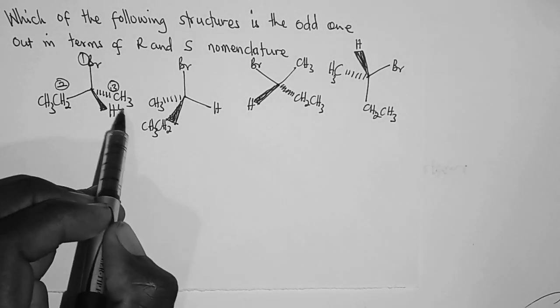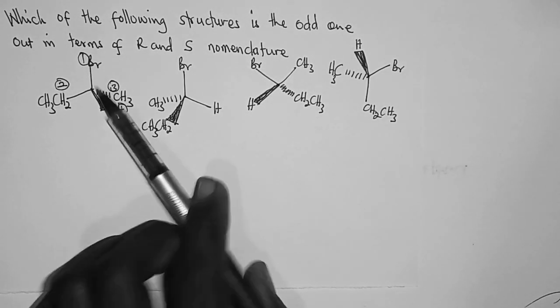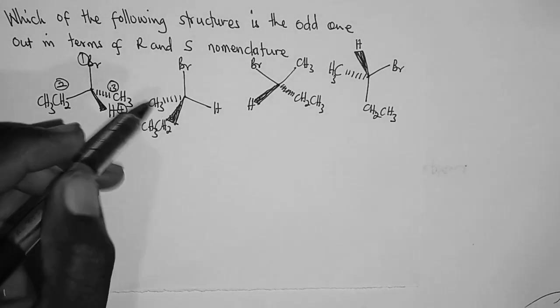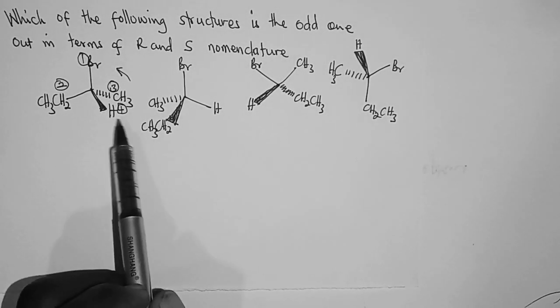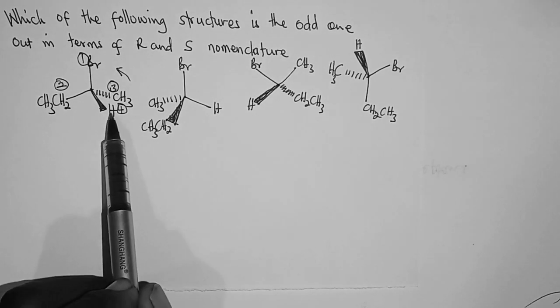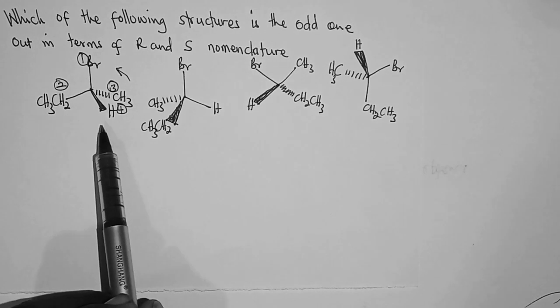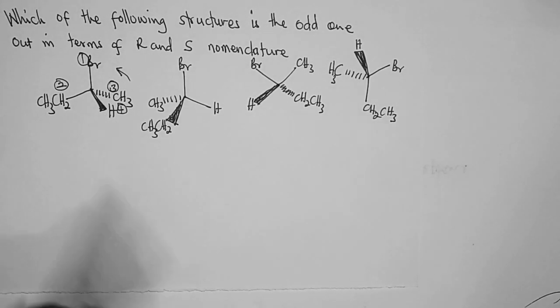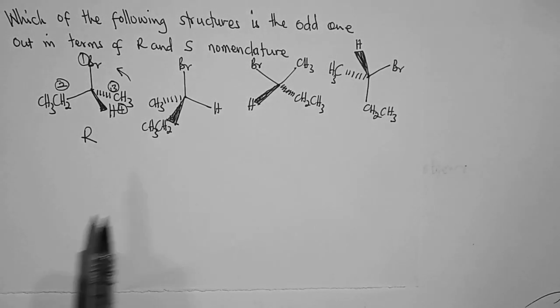And then the proton is number 4. Now, if you cover the side of the proton, this is 1, 2, 3. So it's going in the anti-clockwise direction. Notwithstanding, because the proton, which is the least group, is pointing towards us, we need to invert the configuration. And therefore, instead of an S, this is an R configuration.